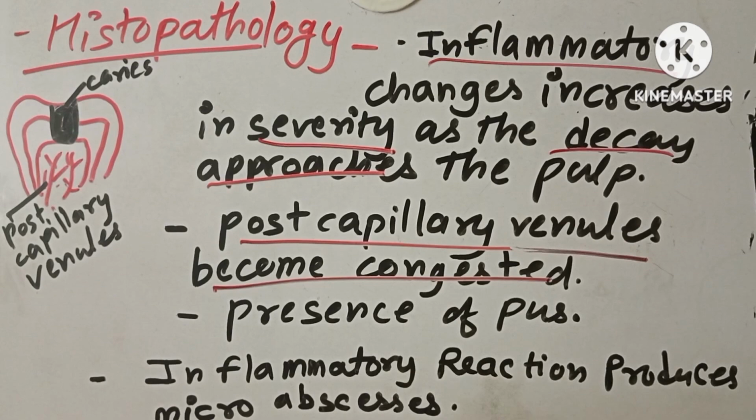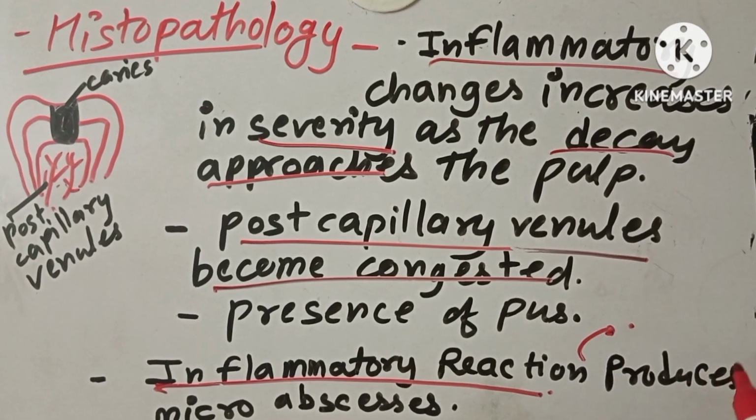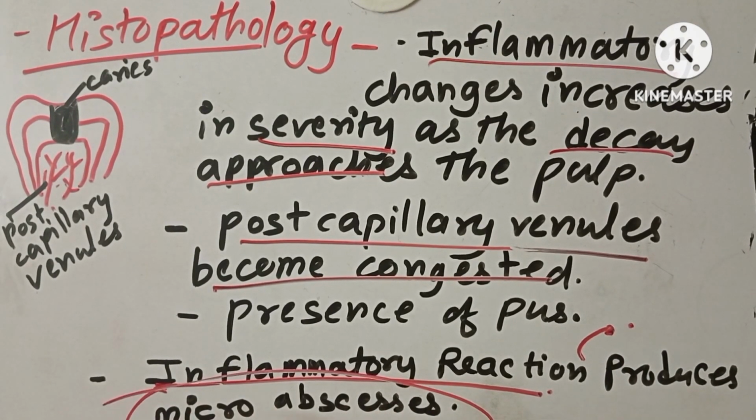The pulp becomes necrosed. When the pulp is necrosed, a chemotaxis reaction occurs, and the chemotaxis attracts the polymorphonuclear cells. The polymorphonuclear cells give the inflammatory reaction, with phagocytosis, and then microabscesses occur.